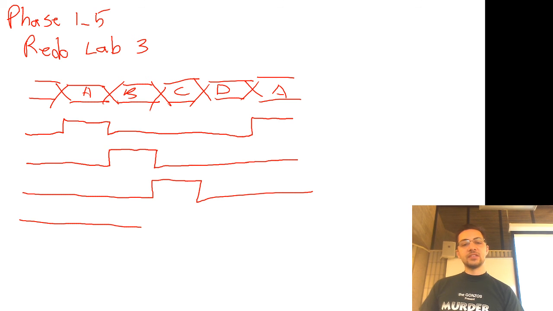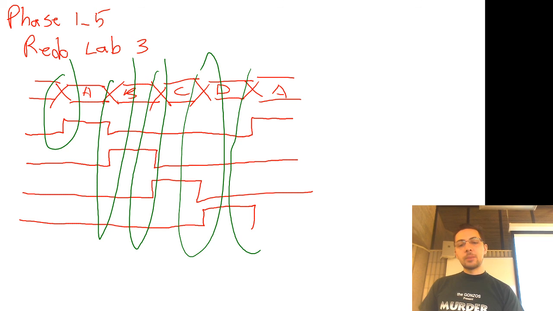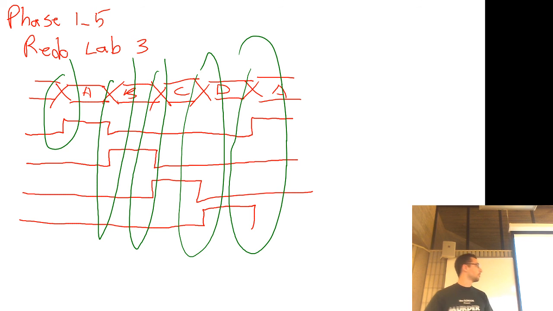We still want this kind of output. But now, at these points here, we want an interrupt to take care of that. So instead of sitting here in a busy wait loop, waiting for something to happen, we want an interrupt to fire.